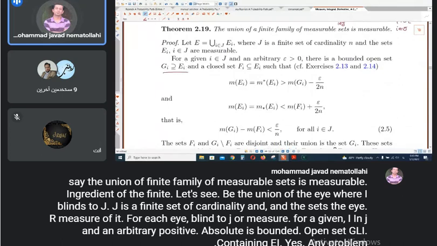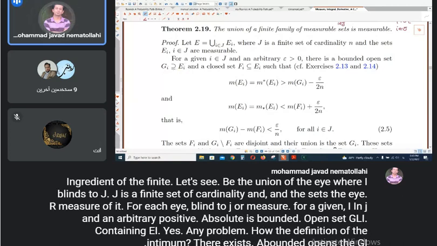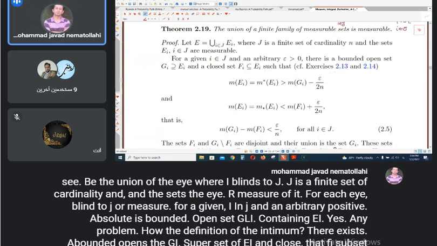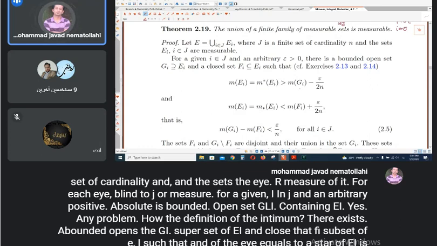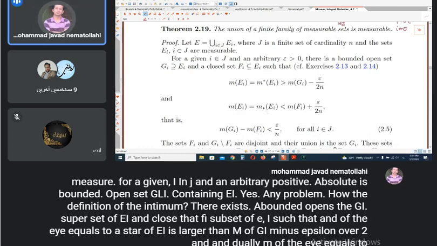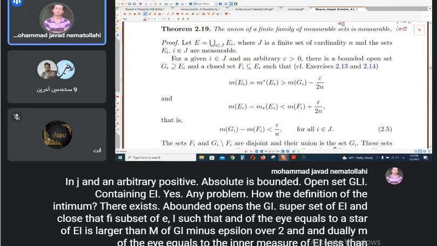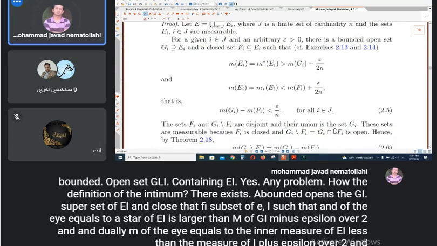By the definition of the infimum, there exists a bounded open set G_i, a superset of E_i, and a closed set F_i subset of E_i such that m of E_i equals m star of E_i is larger than m of G_i minus epsilon over 2n, and dually m of E_i equals the inner measure of E_i is less than the measure of F_i plus epsilon over 2n.